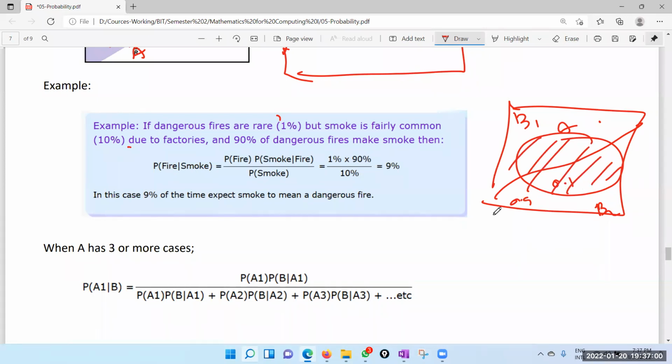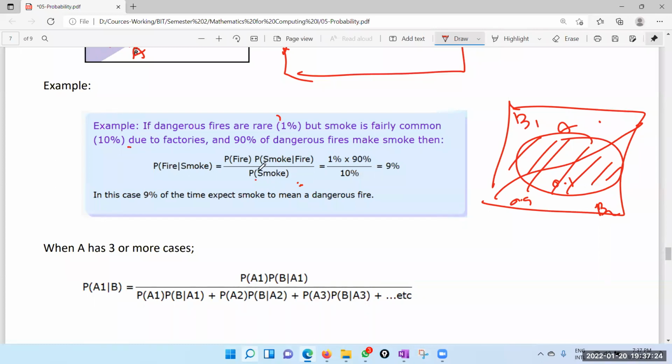Now what are we asking? Next we need to know B1 and B2. B1 B2 is this, 10% and 90%. Right. So the probability of fire given smoke is the probability of fire times the probability of smoke given fire, divided by the probability of smoke.